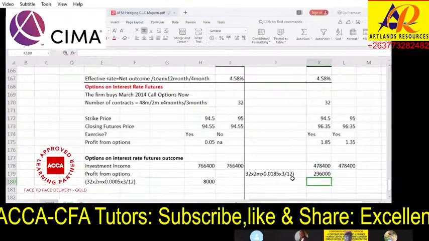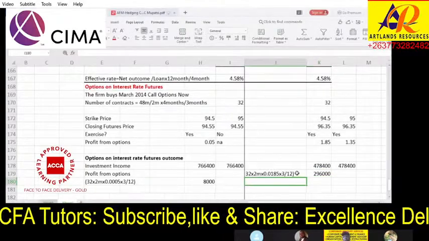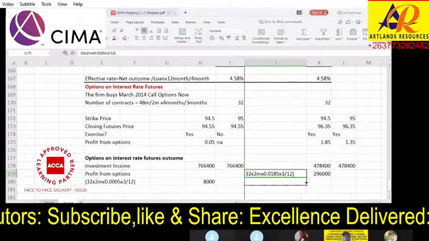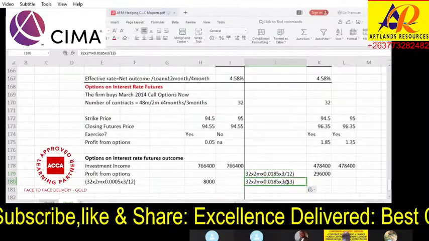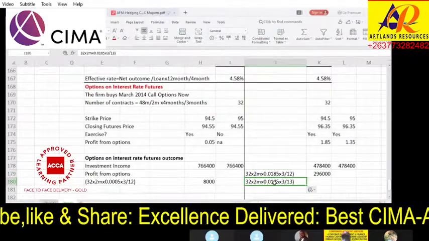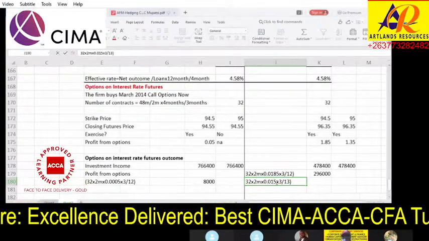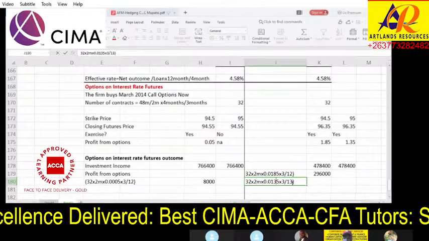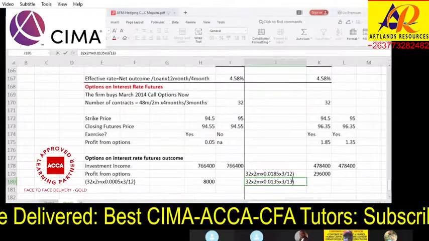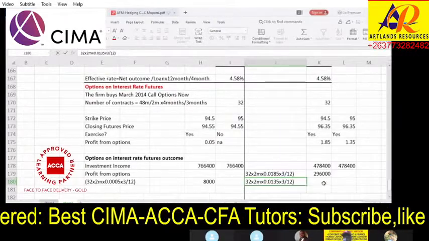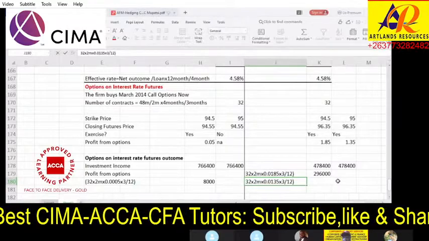So you have the profit from options. You can still do the same here. Instead here you say 0.135, and then you still do the same, equals over 12 here. You get that?